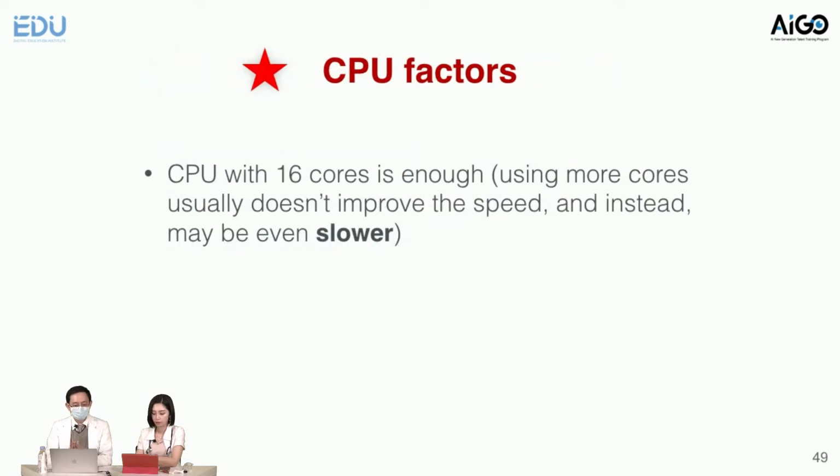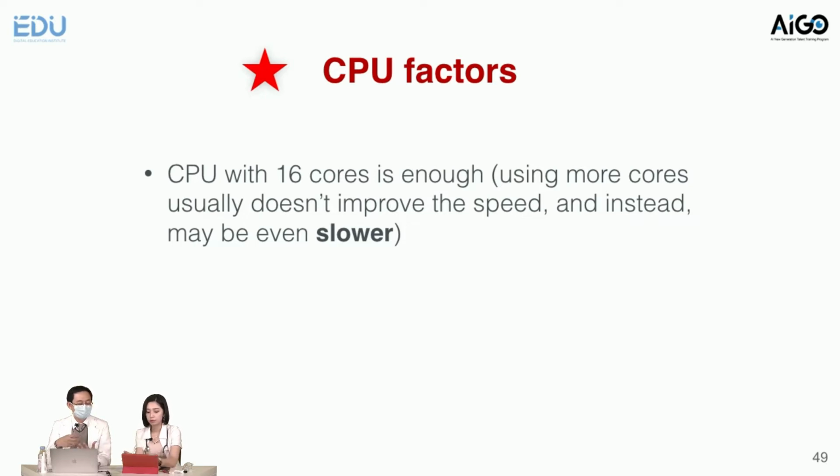Now we are talking about the CPU factor. We found a CPU with 16 cores is quite enough. Using more cores usually doesn't improve the speed, and instead may even be slower. According to our data set, we usually use a 4 to 6 core CPU.